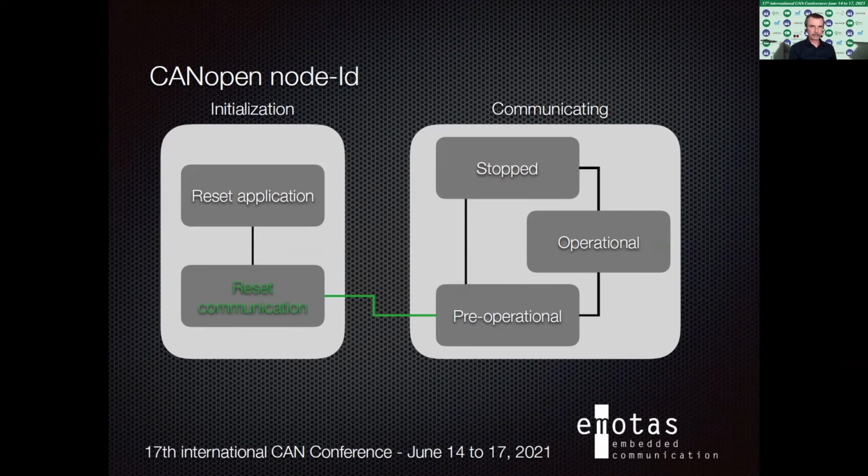So without a node ID, you're not able to communicate with the outside world. The reason is that in this substate, there is a check defined. If your node ID is in a range from 1 to 127, then you're able to leave this reset communication state and enter the pre-operational state, which is the default first communicating state of a CANopen device.